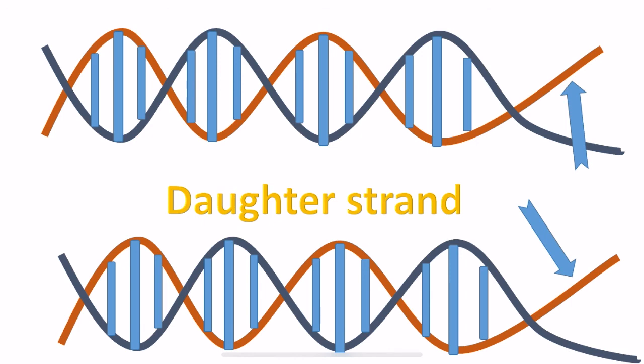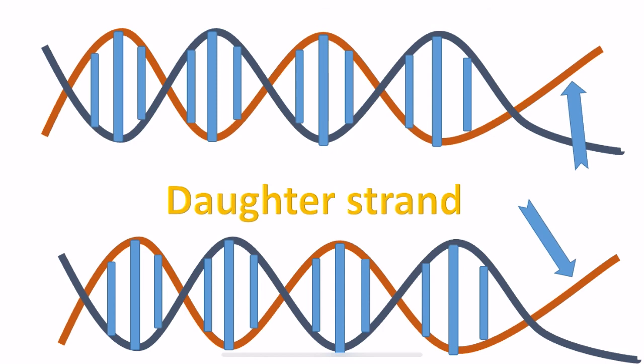So one strand will be the older one, that is the parent or the template, and the new strand will be called the daughter strand. So one old and one new, that is how completely renewed DNA will be formed. And that is how the replication will end.